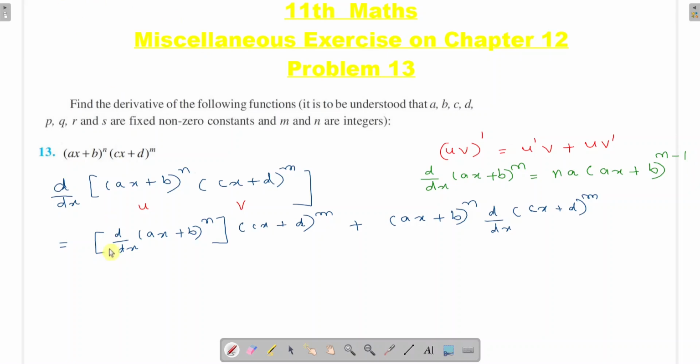So we will use this here. The derivative of (ax plus b)^n is na times (ax plus b)^(n minus 1).